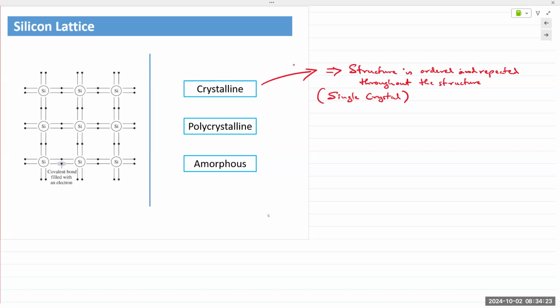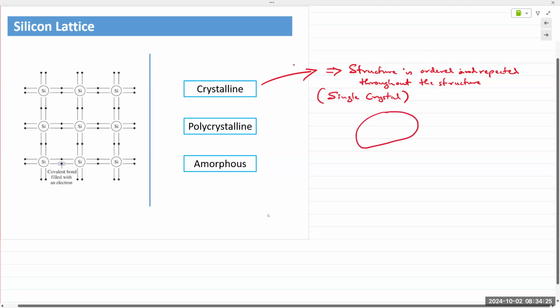It might look something like this. Let's just draw it out this way. It's a random structure, and you have these bonds repeated throughout the entire structure.